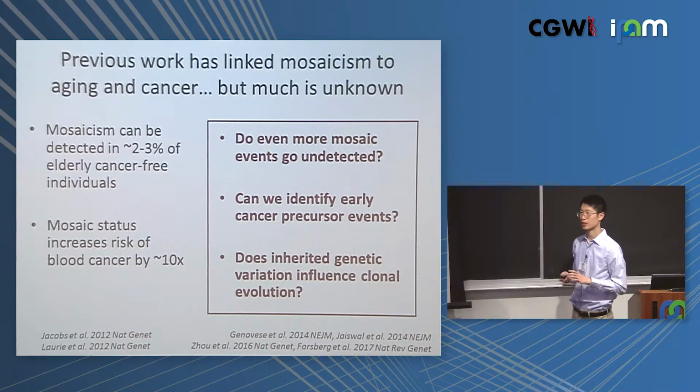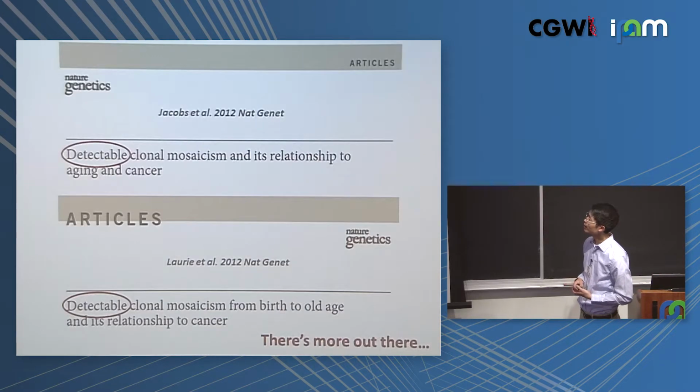So that's the biological motivation in a nutshell. Again, since this is a methods conference, I'll focus mostly on the methods from here. So how do we go about detecting these, and how do we improve the detection sensitivity? We can have a little bit of confidence that we can improve it because the previous papers were very honest about the fact that they were only telling you about what they could detect, suggesting that there's probably something else out there to be detected.